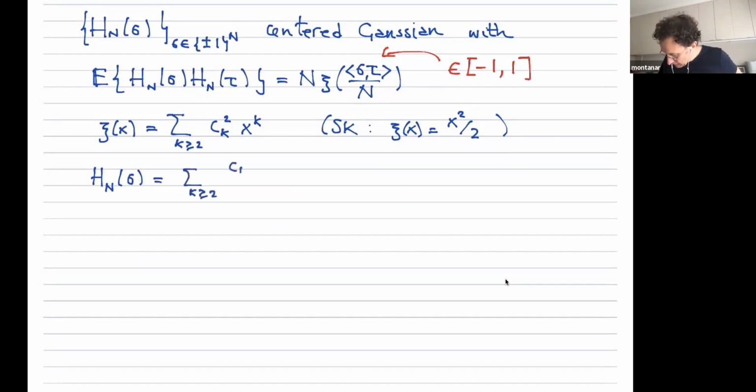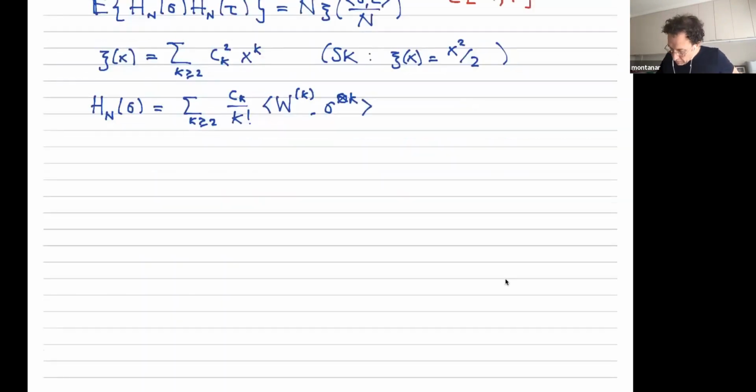You can construct it as the sum of c_k W_k times sigma tensor k, where the W_k are a sequence of independent Gaussian tensors.